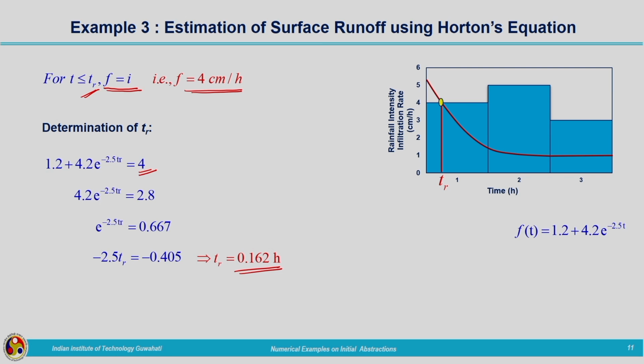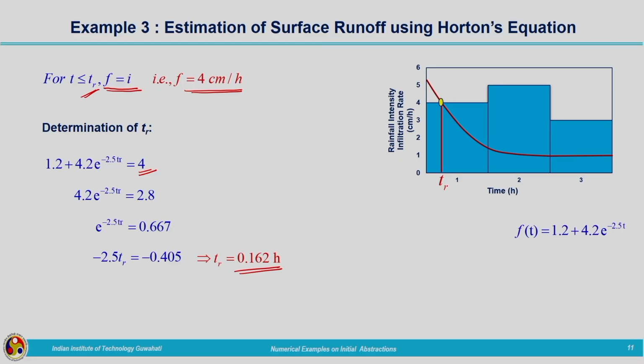So, we can understand, initially it is starting from 0 to 1. So, it is less than 1 hour, it is calculated to be 0.162 hours. At 0.162 hours or before, that is t less than 0.162 hours, whatever rainfall is occurring is lost as abstractions.